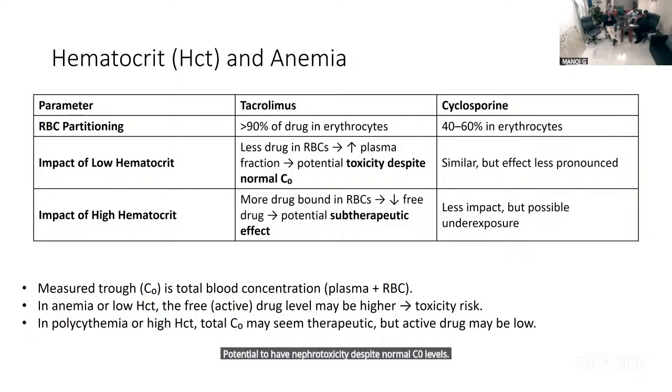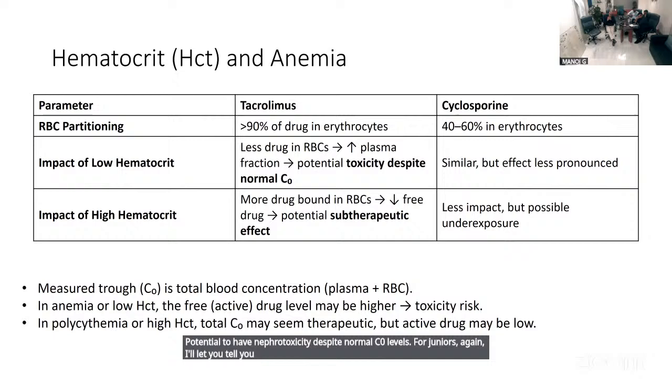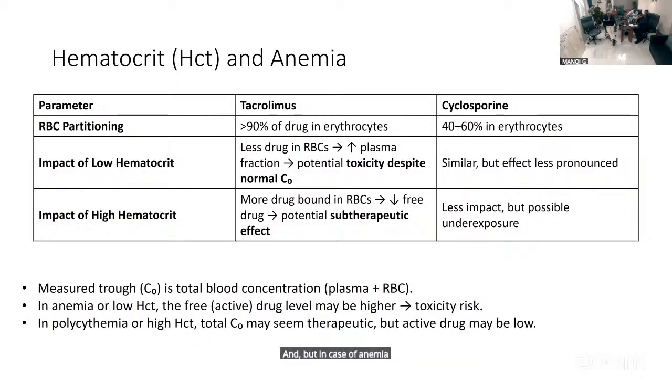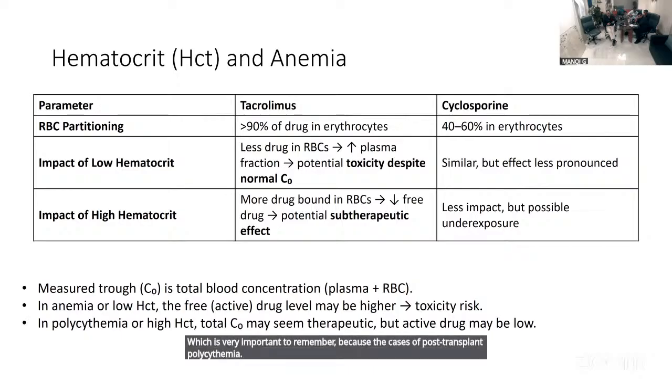For juniors, for DNB students, I'll tell you that we always prescribe whole blood trough levels whenever we ask you that. But in case of anemia, obviously the free level will increase and the patient will have toxicities. Again, in case of polycythemia, the total C0 may be therapeutic, but the active drug may be low, which is very important to remember, because the cases of post-transplant polycythemia are very well known to us.